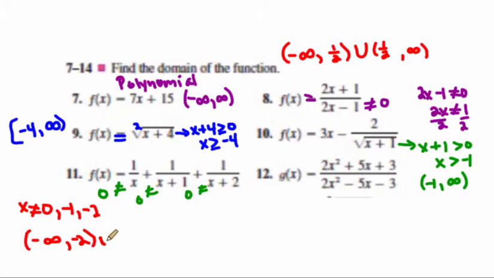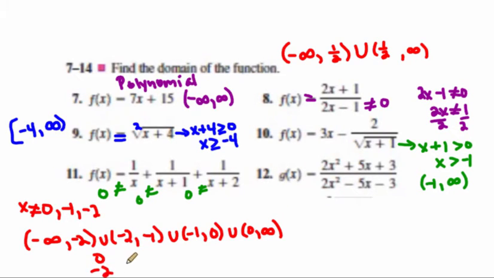So I don't include -2. I don't include -1. And I don't include 0. So picture this as the whole number line, but with like an open circle at each one of those locations.